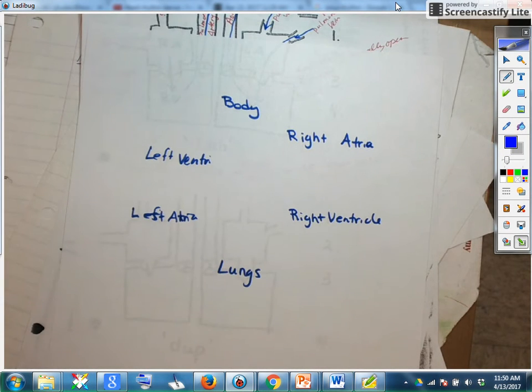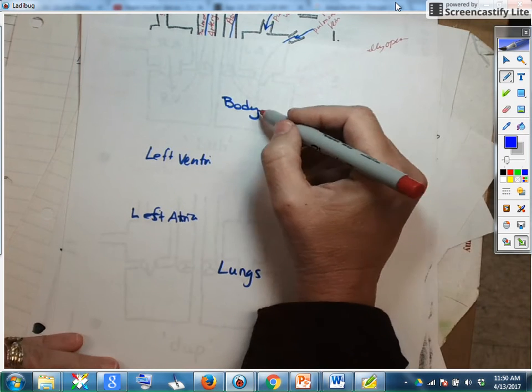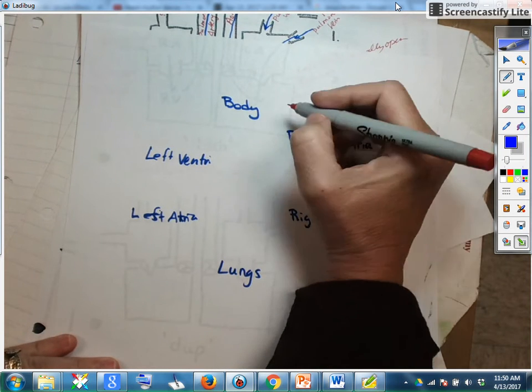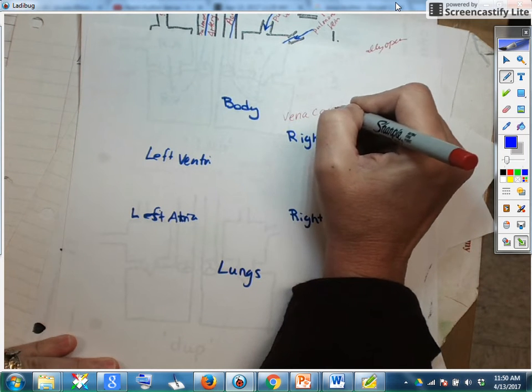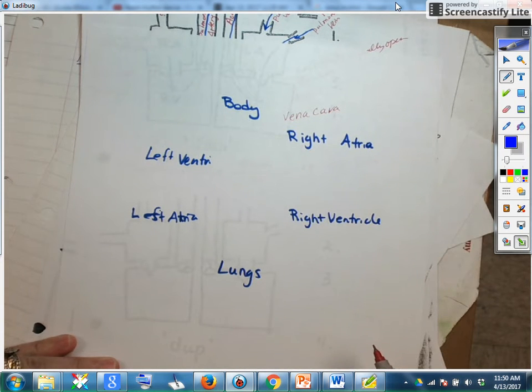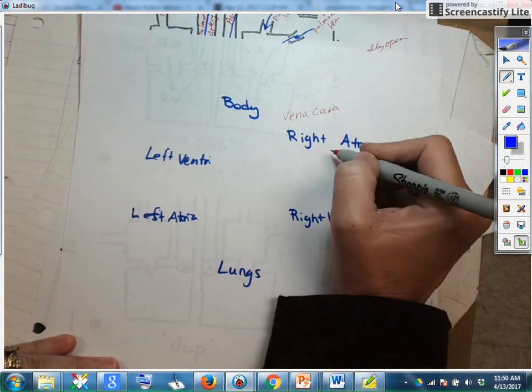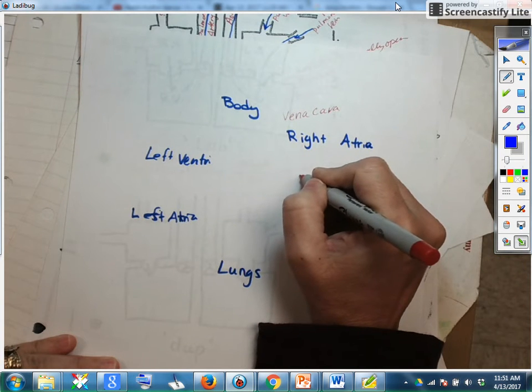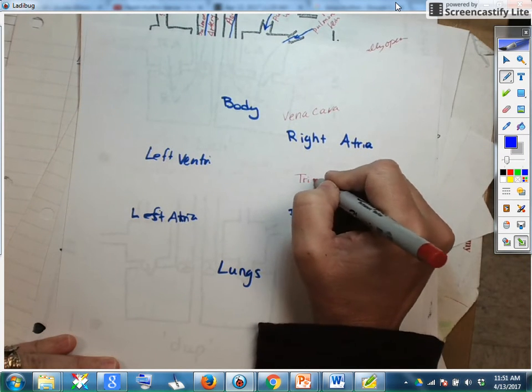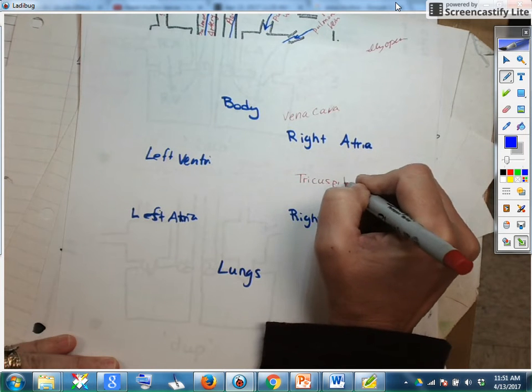There's more detail. How does the blood get from the body to the atria? The vena cavas. How does the blood get from the right atria to the right ventricle? That would be the tricuspid valve.